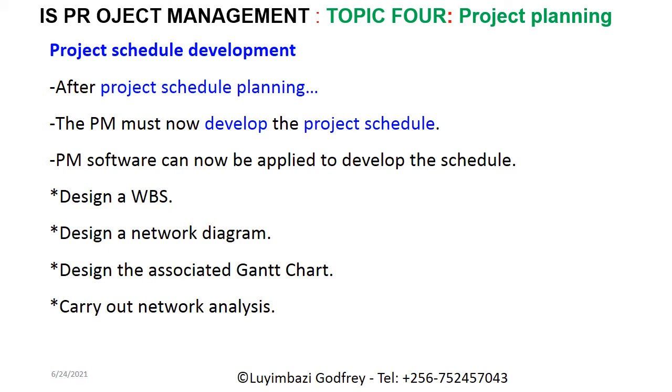Now, after you have designed your Gantt chart, what's important now is also to carry out what we call network analysis. As you know, the network diagram is a tool that helps us to determine the project duration. It helps us to determine the longest path in our project. It helps us to identify the critical activities in our project, and these critical activities should not run behind schedule.